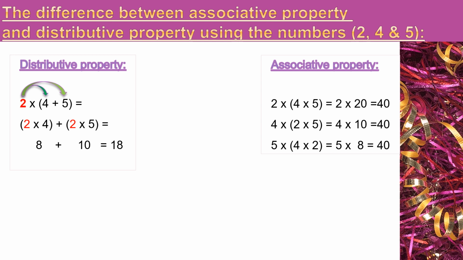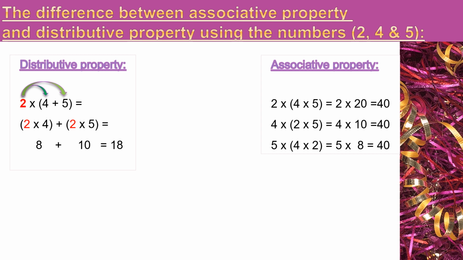In the third way, I will take 4 and 2 between two brackets and move 5 out. So 4 times 2 equals 8, 8 times 5, 40. Here the result changed because in distributive property I used two signs, but in associative property I used one sign.